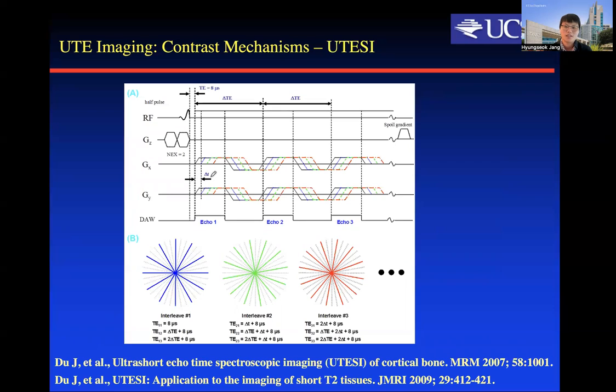This delta T is typically determined by the data sampling dwell time, which on the GE scanner is about 2 microseconds. So we can get hundreds of images. But because of scan time limitations, we typically do undersampling with a certain interleaved undersampling scheme. So we can get hundreds of images here. The scan time for 2D UTE is around 5 minutes.